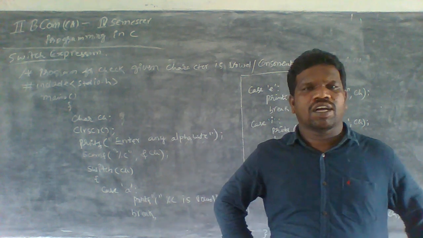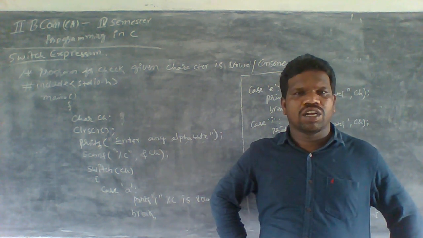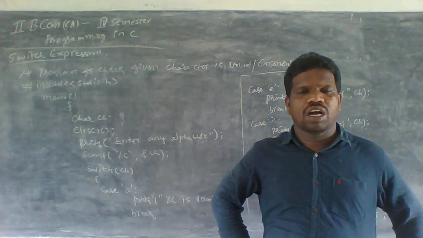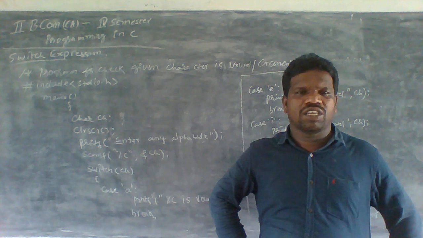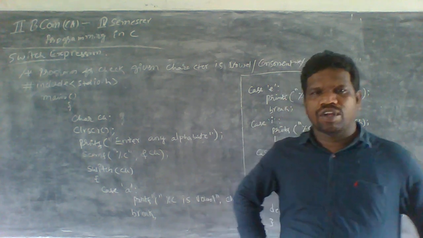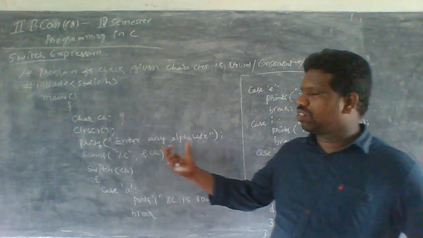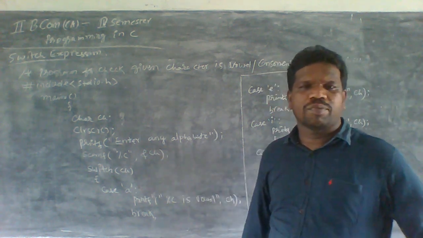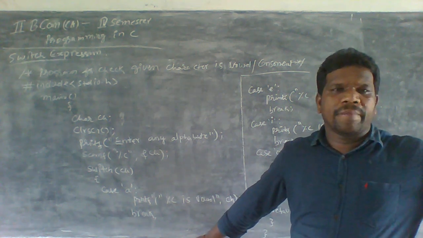Okay, after compiling, we have to run the program with Alt+R or Ctrl+F9. Ctrl+F9 is used to execute the program, that is the runtime. When we run the program, it automatically executes. In the C programming language, the program executes from the main function.